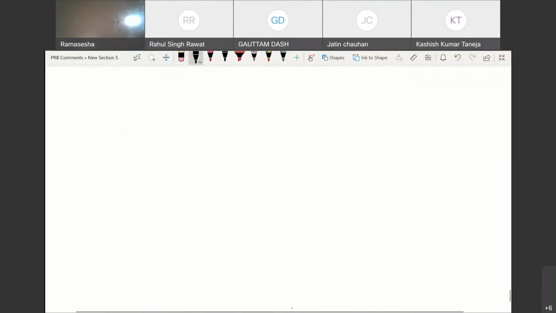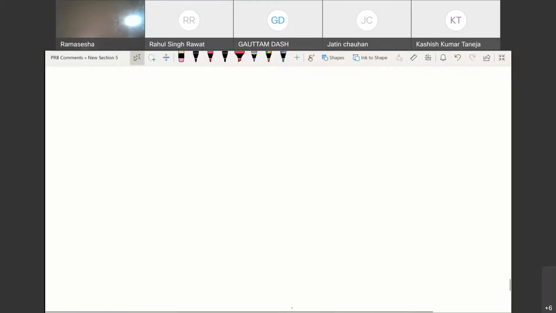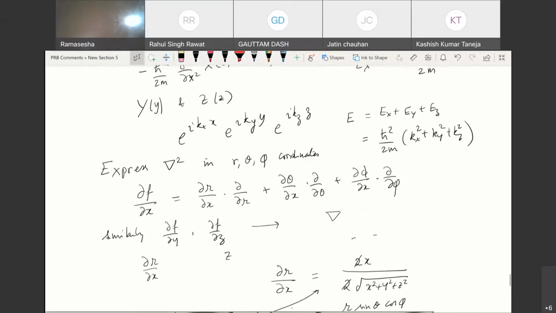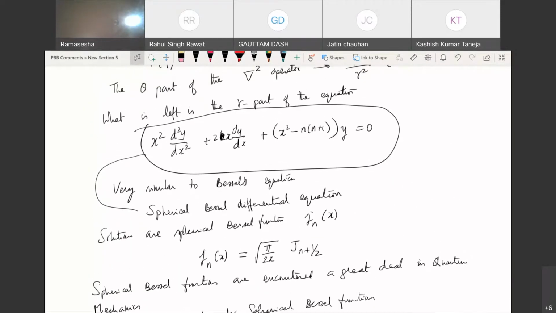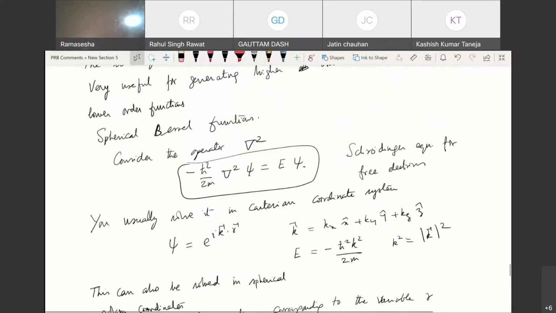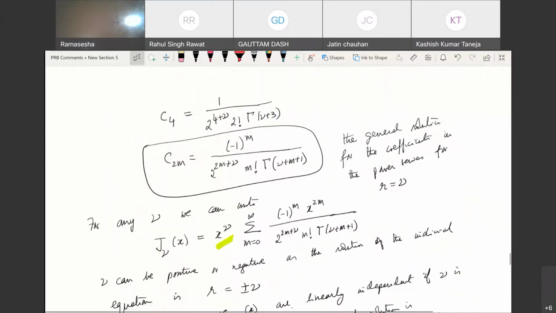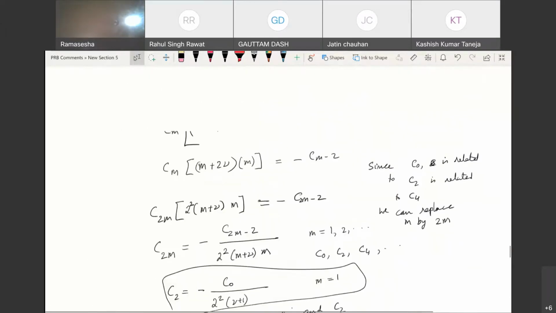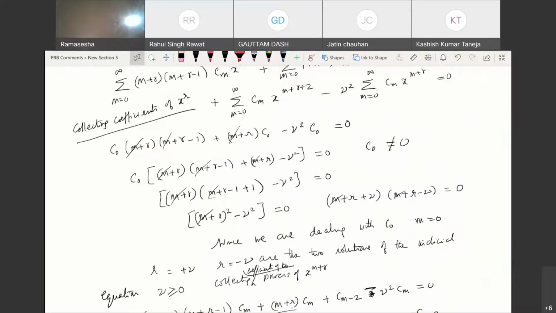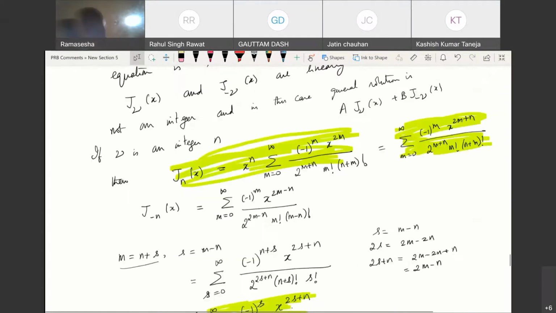So the Bessel differential equation that we had was x squared d squared y by dx squared plus x dy by dx plus x squared y, so I had x squared y double prime plus x y prime plus x squared y is equal to 0. Now what happened is do the following.